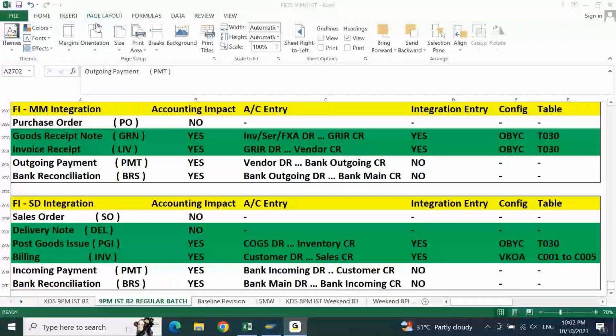Sir, at FI-SD level, we have maintained inventory only. So we can write inventory, service, fixed asset also, right? No, fixed assets we don't sell through SD integration.